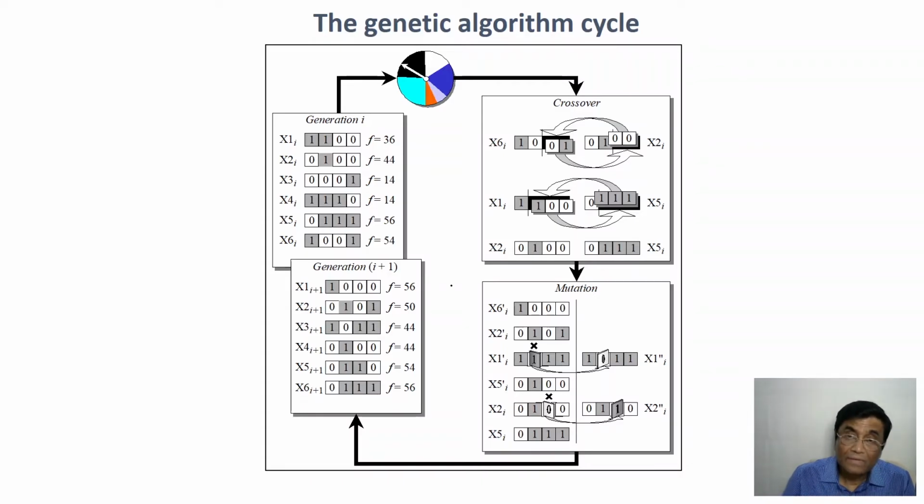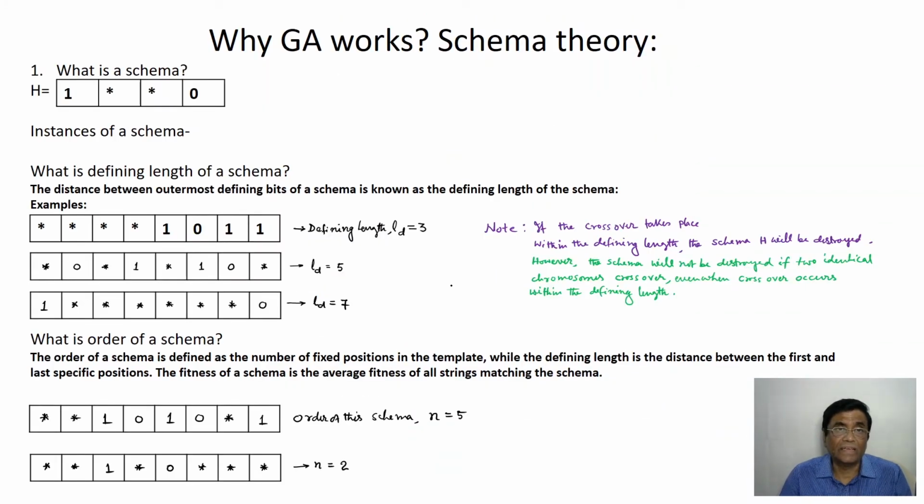So far, listening to the video, you can say, okay, everything is like heuristic, right? And trial and error and all kinds of things. Is it really? No, fortunately. So now we are going to discuss the theory behind why GA actually works. Yes, you're right.